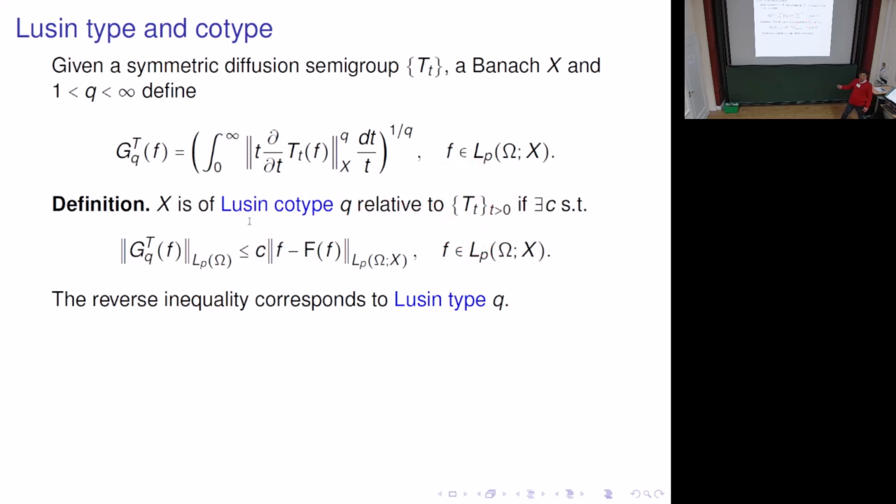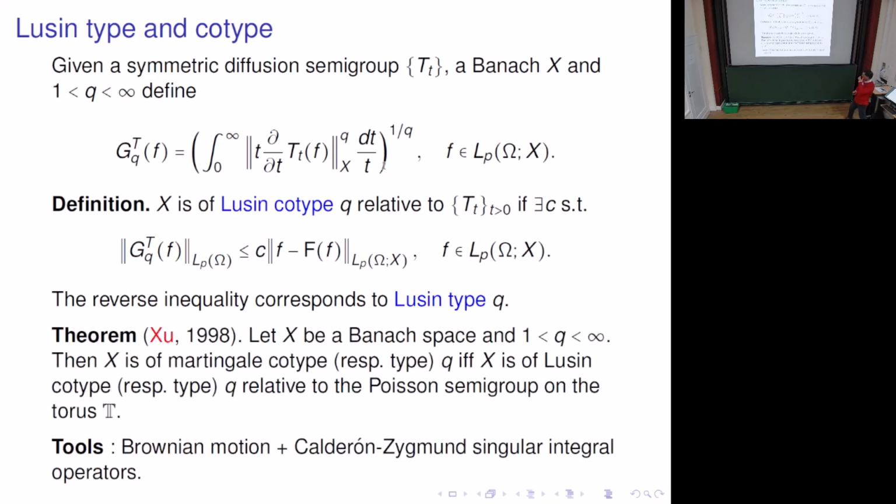When the semigroup is given, we have such a notion of Newton cotype Q, which is the analog of martingale cotype Q. And if the reverse inequality holds, then X is said to be of Newton type Q. Okay, so again, this is the analog of the martingale case.